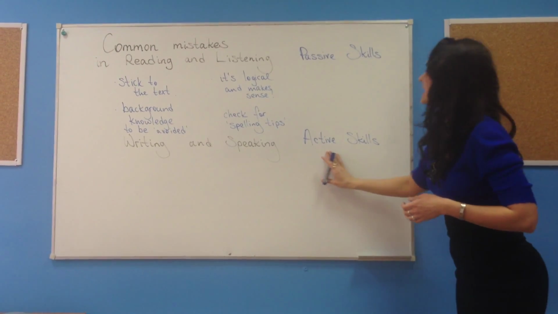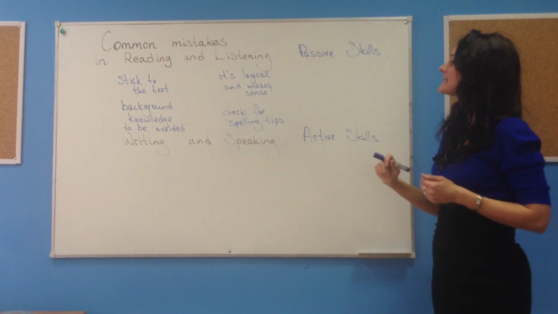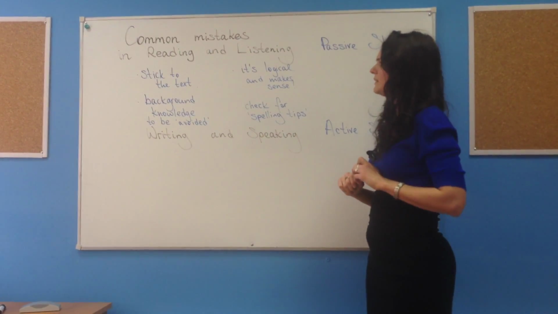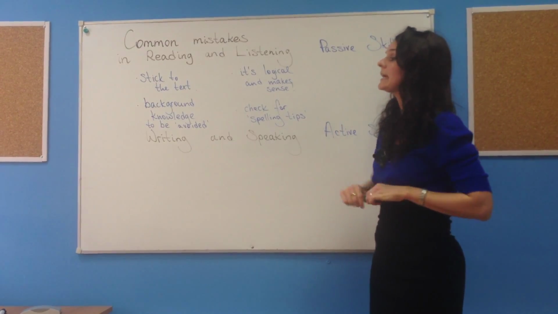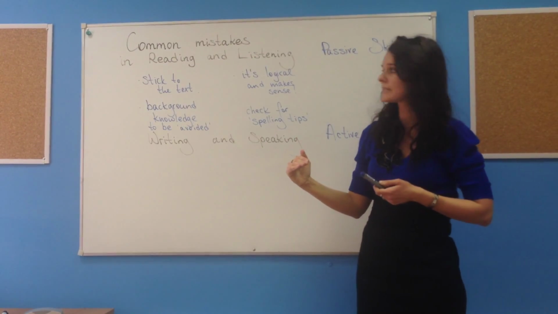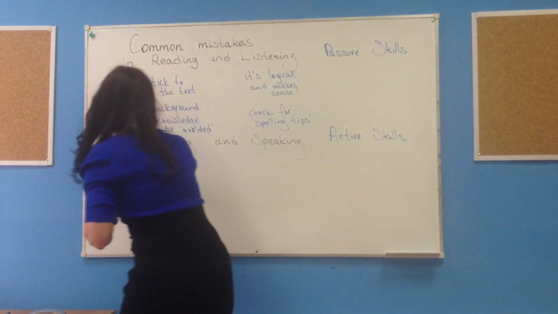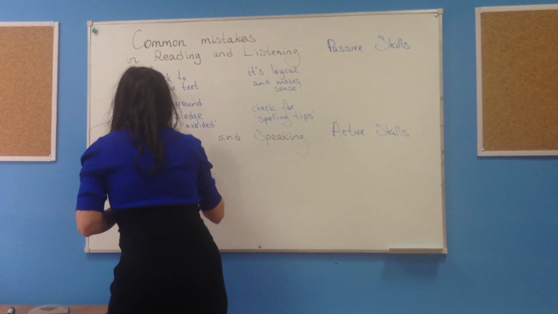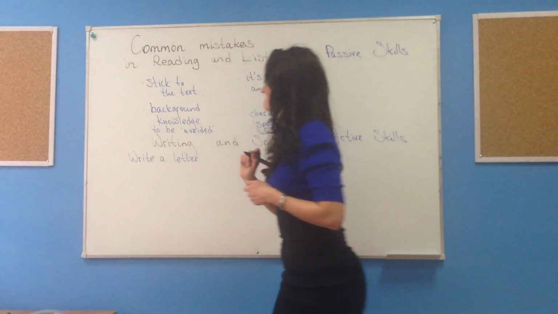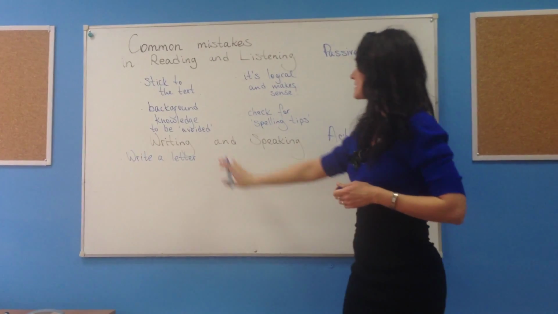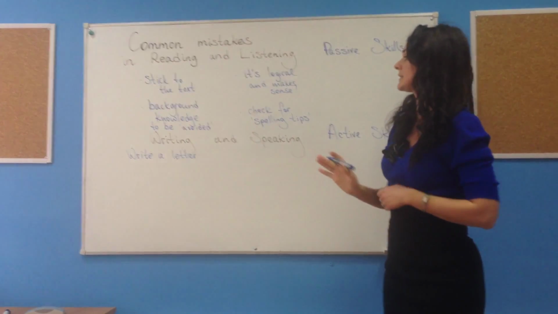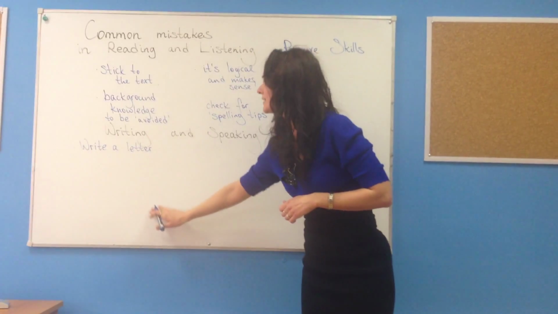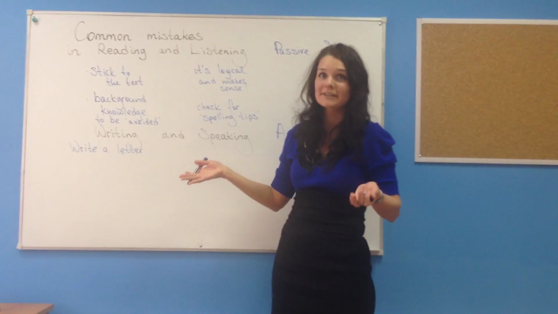Now let's move on to the active skills, like speaking, as I'm doing now, and writing. For instance, in writing, you should be very attentive to the format of the task. So if they ask you to write a letter, normally, when first faced with this task, learners tend to write a text made of just one paragraph, which is not a letter.